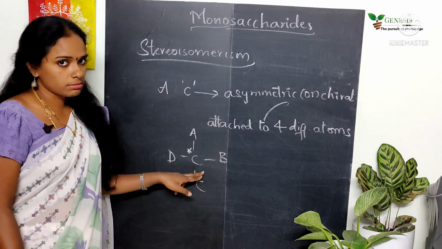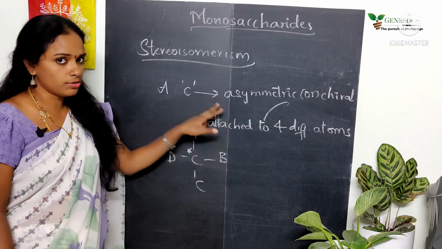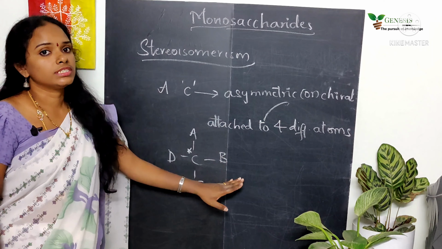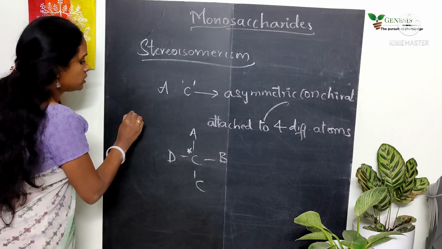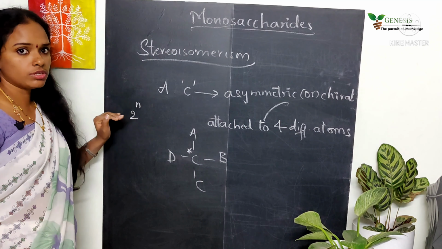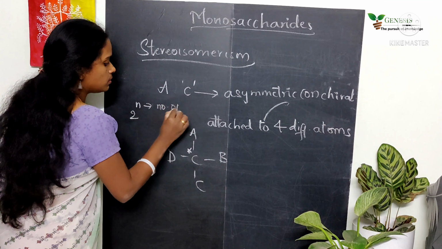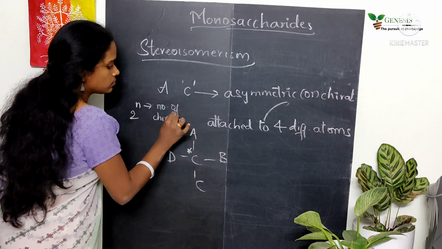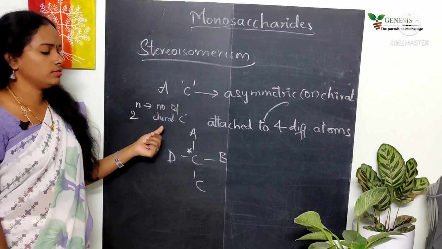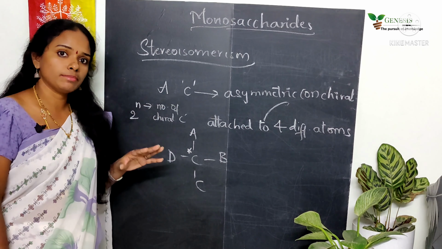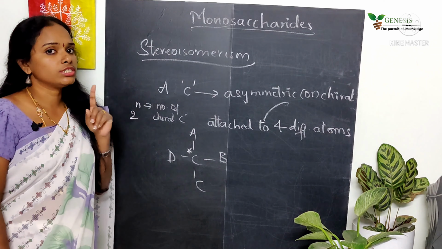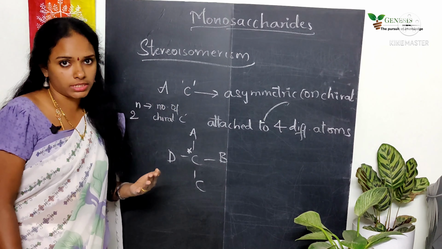So the number of the asymmetric carbon atoms in the given compound defines the stereoisomers. So there is a formula that is 2 power n, where n indicates the number of chiral carbon atoms. Except dihydroxyacetone, all the remaining monosaccharides have at least one or more than one asymmetric centers.